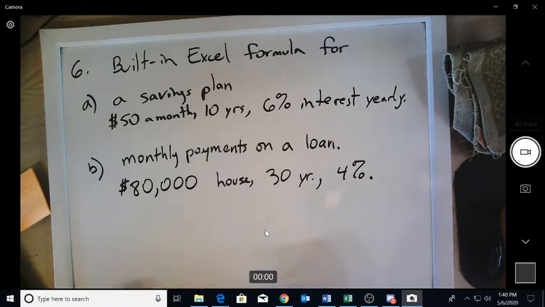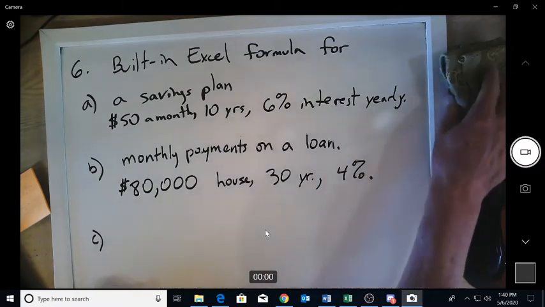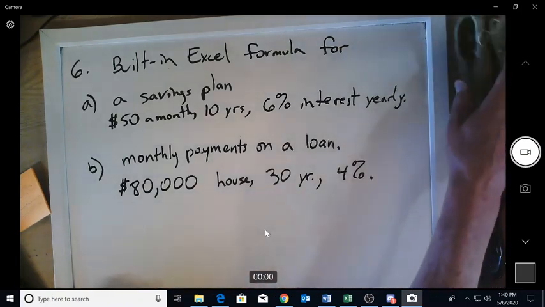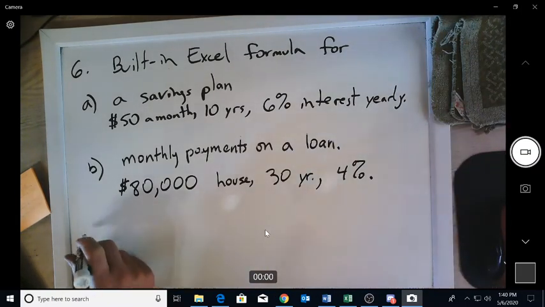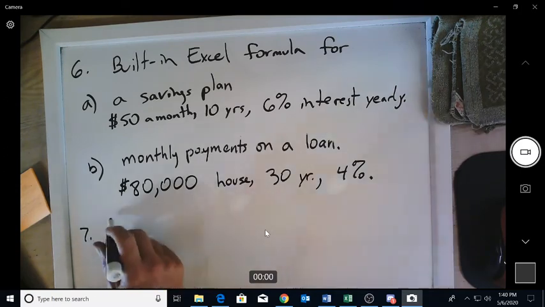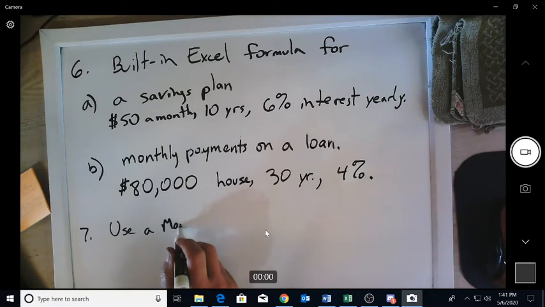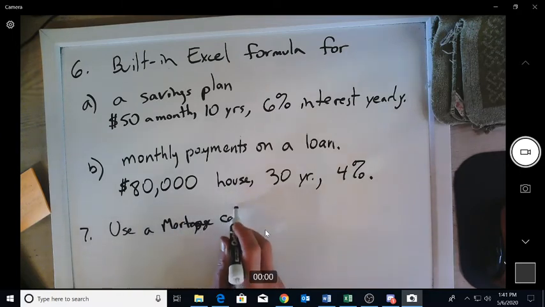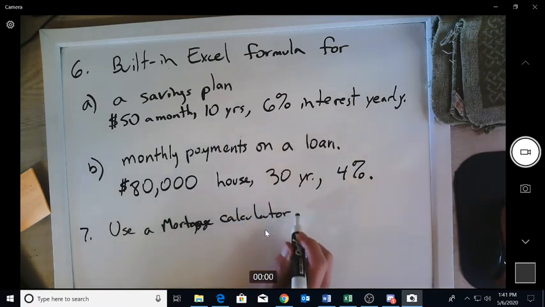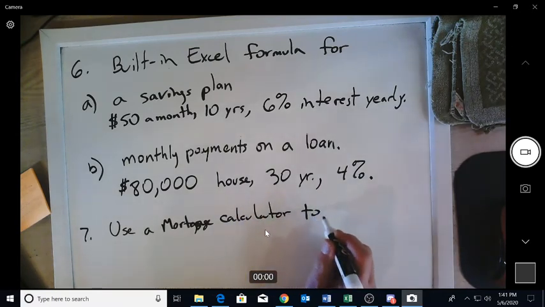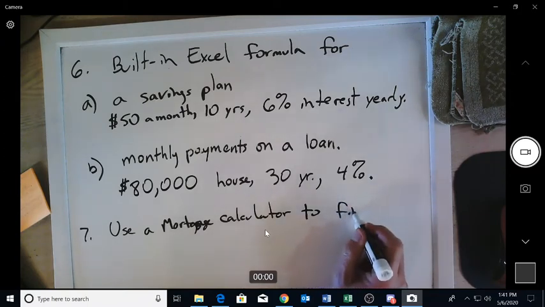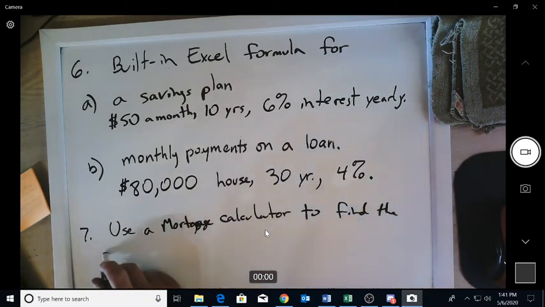let me have you do this. Actually this is not C, this is a different one because it's not a built-in Excel formula. I want you to do number 7: use a mortgage calculator to find the monthly payment.